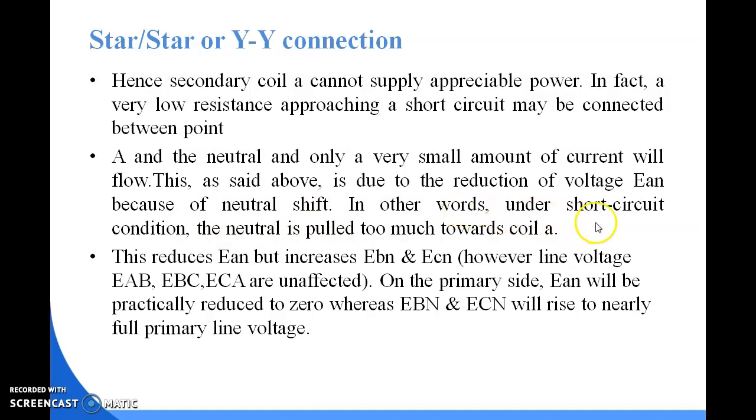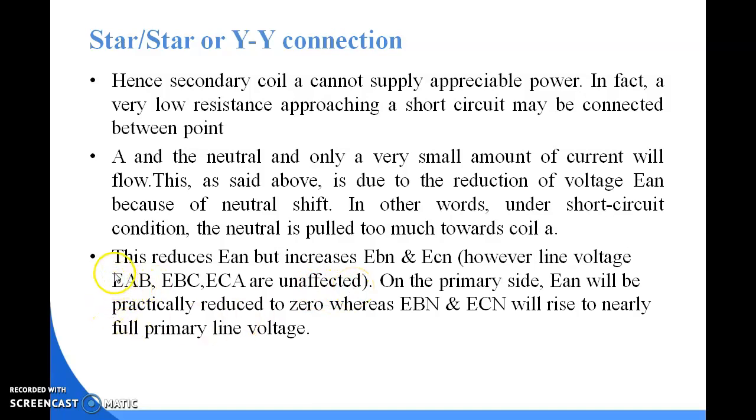In other words, under short circuit condition, the neutral is pulled too much towards the coil A. This reduces EAN but increases EBN and ECN. However, we know line voltages EAB, EBC, ECA are unaffected.